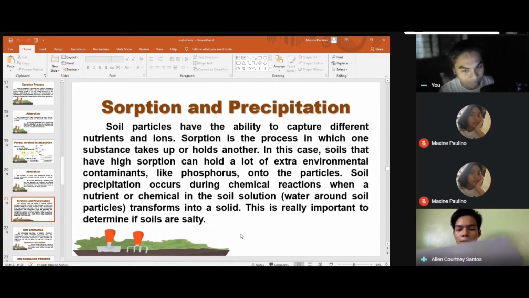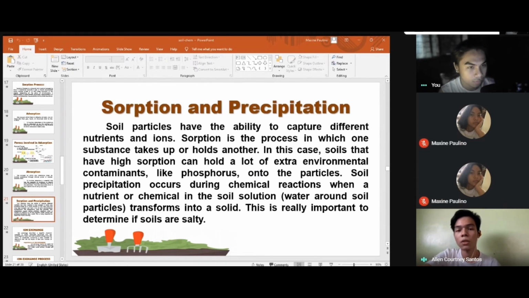In soil precipitation, this is where the nutrients are formed, which are the primary nutrients of the micro and macronutrients. First is nitrogen, then phosphorus, potassium. These are required by plants. The second nutrients are calcium, magnesium, and sulfur.